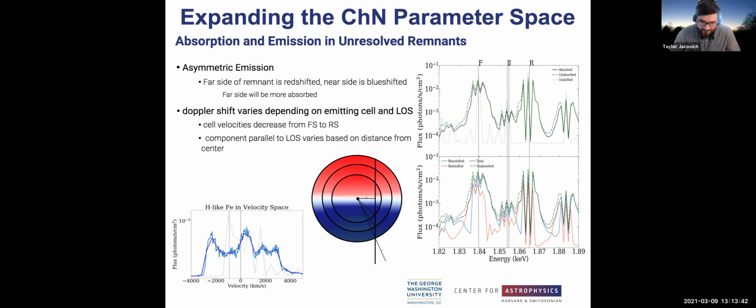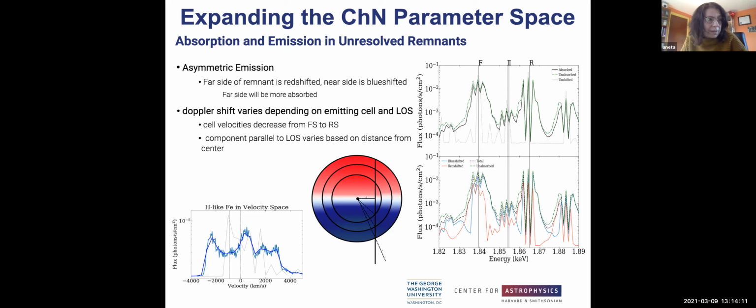Unfortunately, because these are all spherically symmetric, the main difference is the real driver of how the remnant evolves, which is how much material is in the CSM. That will change the shock velocities, and that's the main driver of variations in the shifted emission.